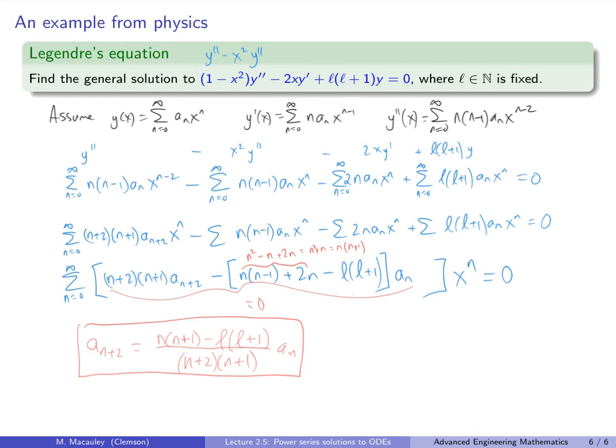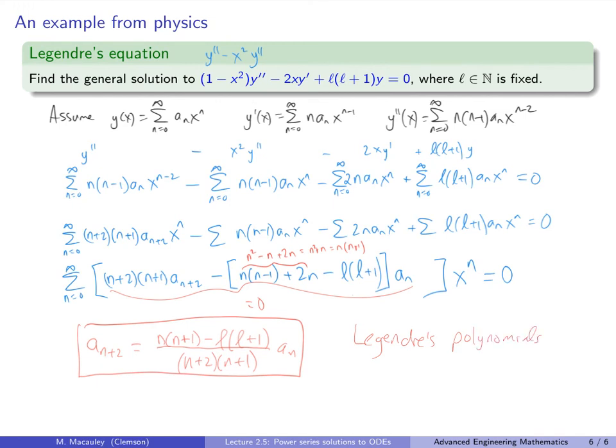So this is generally a power series, except when n equals l, then this top thing becomes 0, and like we did before, we actually get a polynomial, and those things are called Legendre polynomials.